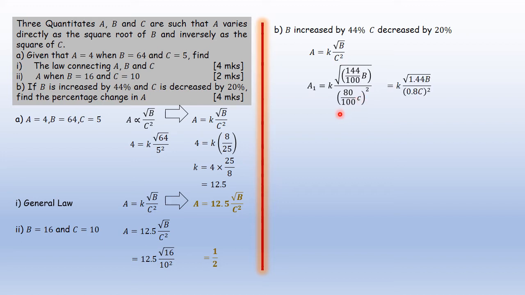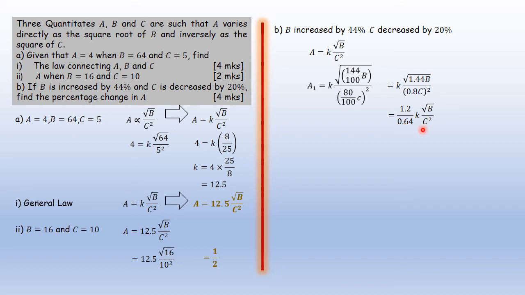We get K, then the square root of 1.44 B, over 0.8 C squared. The square root of 1.44 is 1.2. Then 0.8 squared is 0.64. Then you remove the numbers so that we have the K, the B, and C after that, so that I have 1.2 over 0.64 K root B all over C squared.